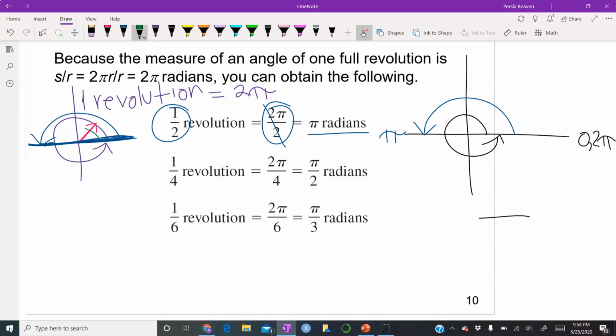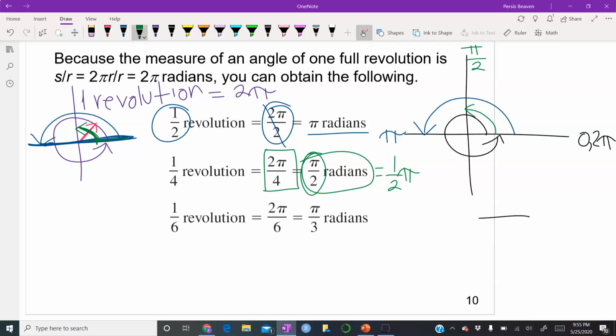That would be starting from the positive x-axis, a quarter of a revolution, a quarter of a circle. That would be like dividing 2 pi by 4. And so 2 over 4 equals 1/2, or pi over 2 radians. So 1/2 times pi is the same as saying pi over 2. That's what we will be using. So let's place here 1/4 of a revolution, pi over 2.